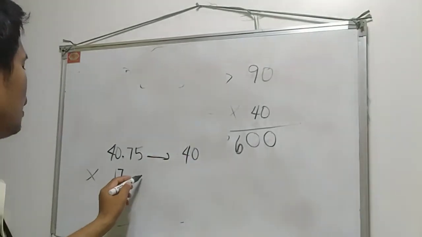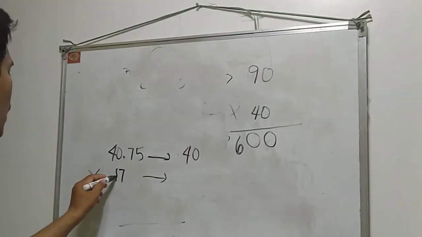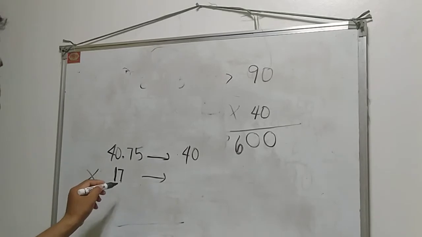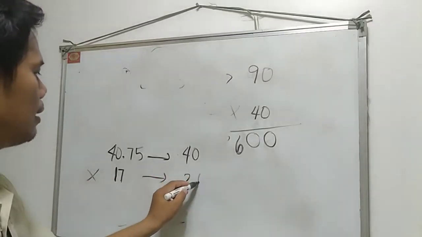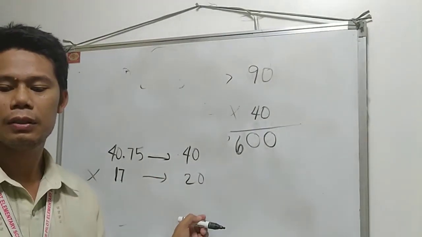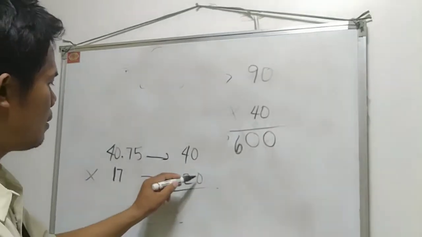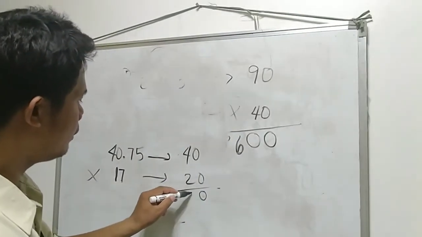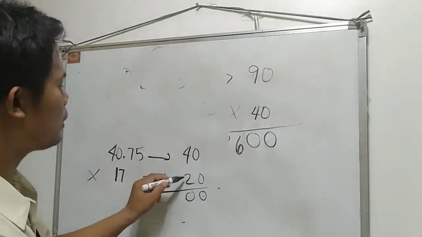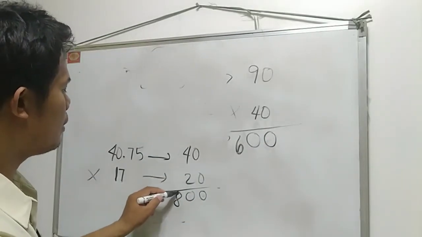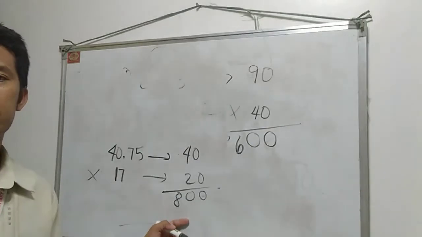Yan. How about si 17? 1, then ang nasa right niya is 7, so kaya magiging 20. Can you follow? That is how to round off. Then multiply. Bring down 2 0. Then 2 times 4 equals 8. So the answer is 800.